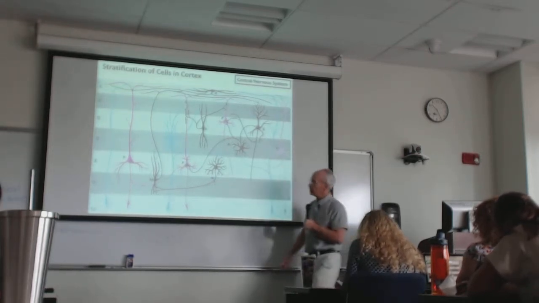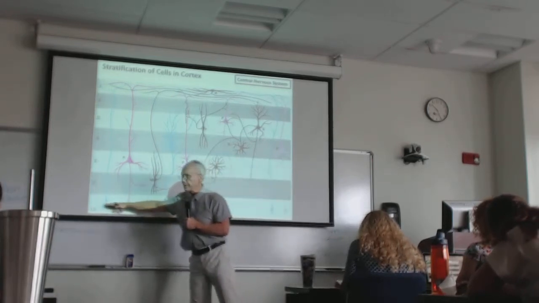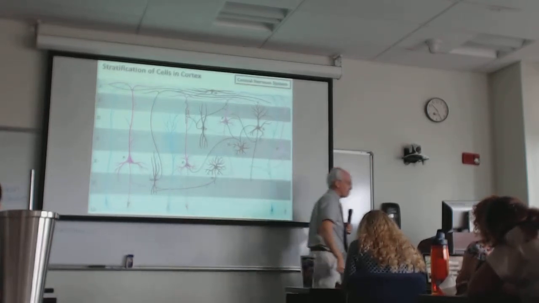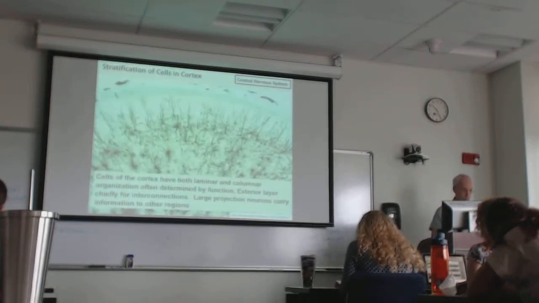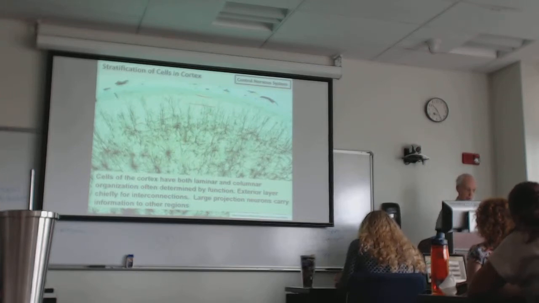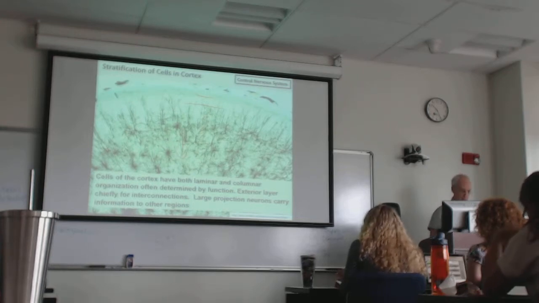And then down here, we're in the white matter. And you see something of that in this illustration here. Again, relatively sparse distribution of neurons, but it picks up as we move deeper. And then you'll also notice the size of the neurons tends to increase.